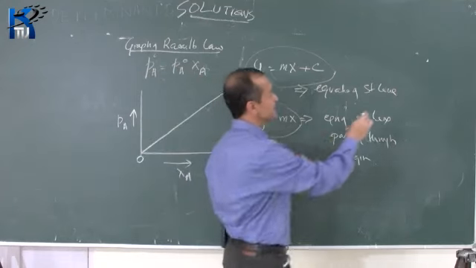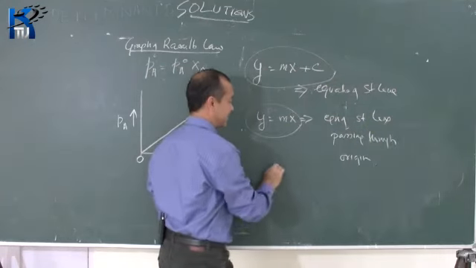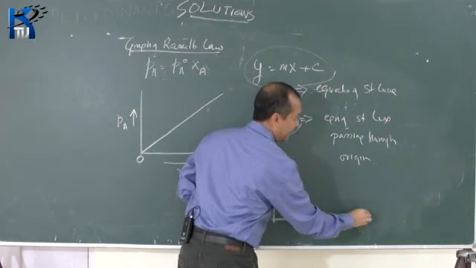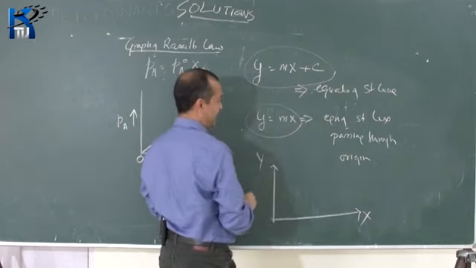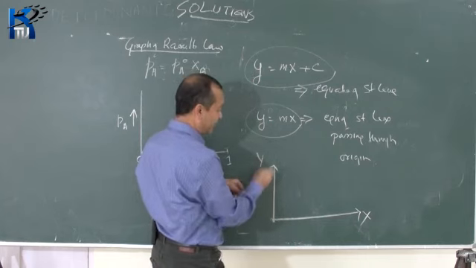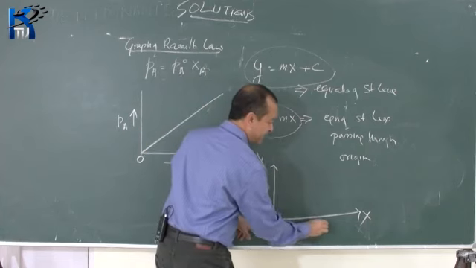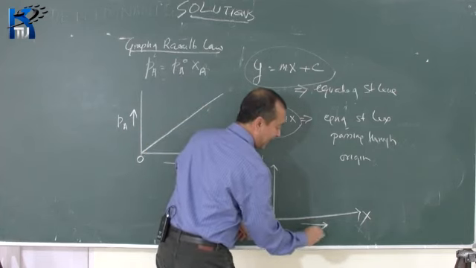See, this is what it means. Supposing this is your graph paper, and we have the x axis and the y axis. In the y axis, we plot the y terms. In the x axis, we plot the x terms.